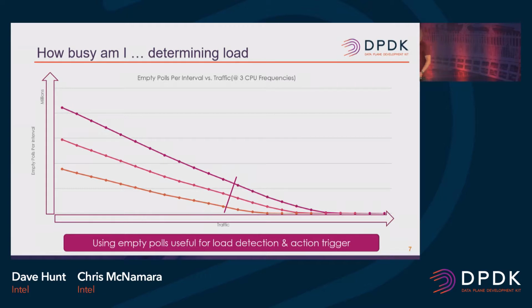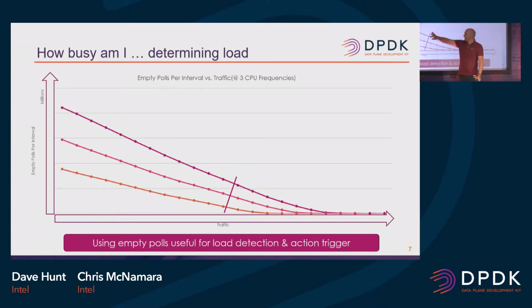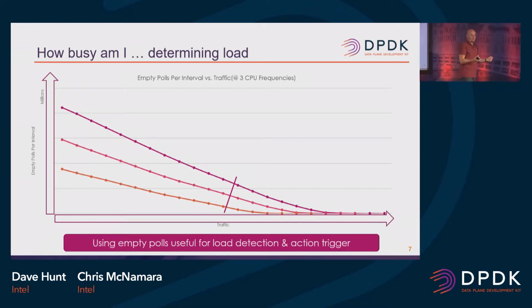So as an example, if your threshold was going back and the number of empty polls was increasing and you were getting up towards your maximum available empty polls, you know that you're idle. So you could, in a sense, turn down the frequency, put somebody to sleep. So we're looking for triggers for energy efficiency or performance, conversely, as a way to manage the power better based on demand in the system.